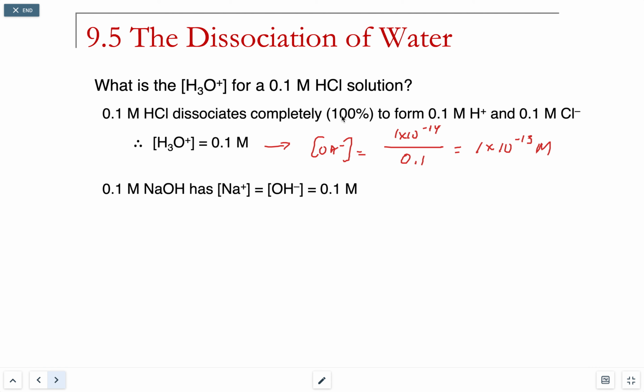So if we want to calculate the hydrogen ion concentration for a 0.1 molar HCl solution, we automatically should understand that the hydrogen ion concentration is 0.1 molar. So we solve for hydroxide by taking our Kw value and dividing by H plus. This is 10 to the minus 14th divided by 0.1, which is 10 to the minus 13th molar.